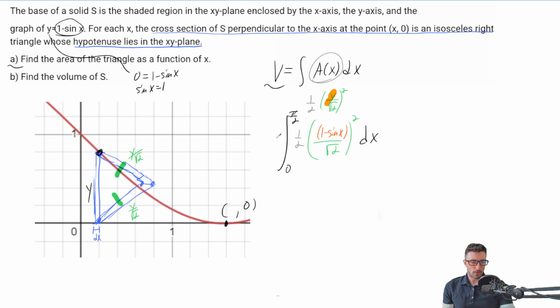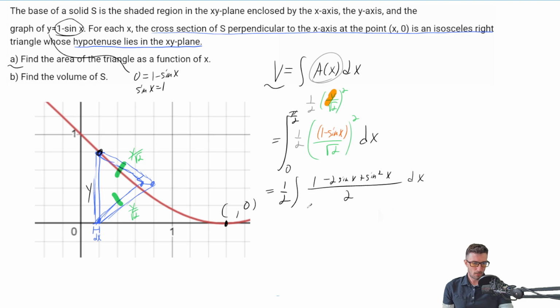Now, we need to simplify this a little bit. I'm going to bring the 1/2 outside, and then we got 1 minus sine squared up top. So that would be the same thing as 1 minus 2 sine plus sine squared. And we're also squaring the bottom, so that would actually get you a 2.